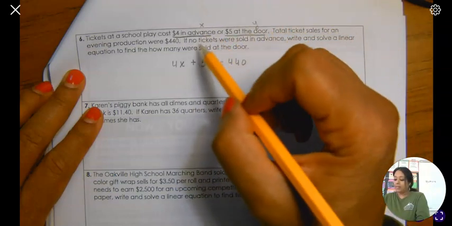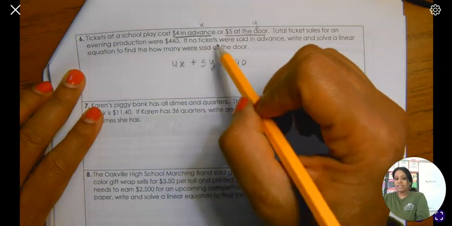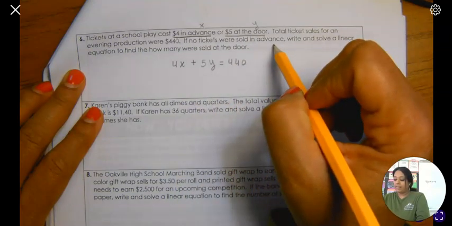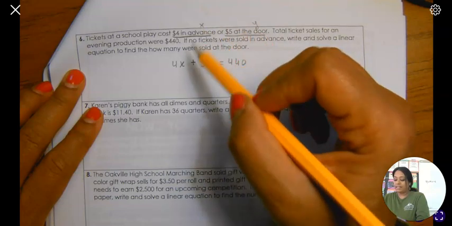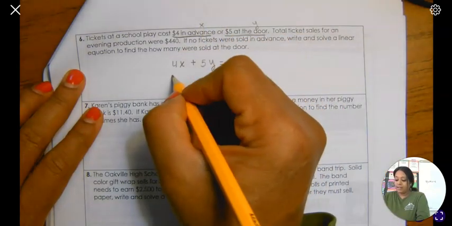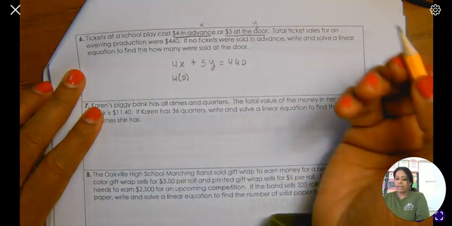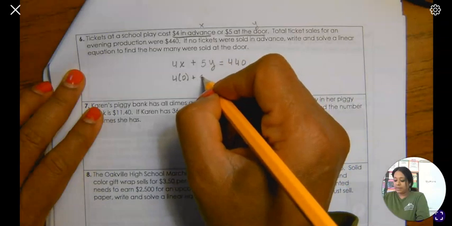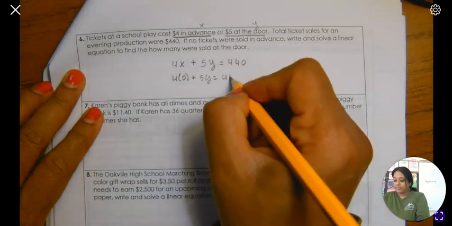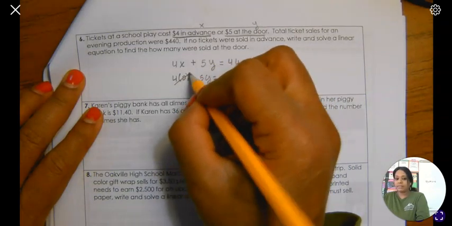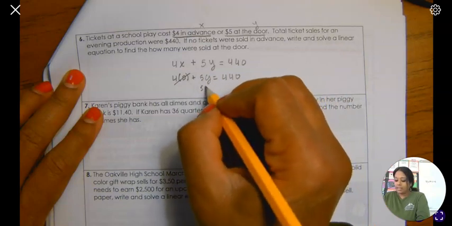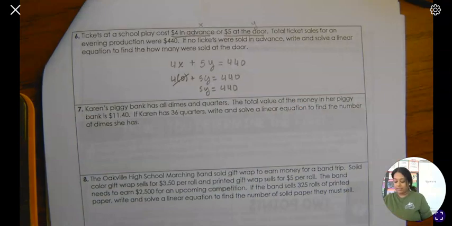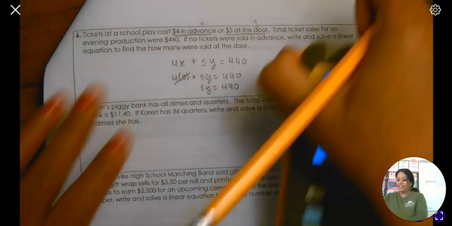This part says if no tickets were sold in advance. So remember that the advance tickets are represented by X. So I have 0 tickets for X. How much were sold at the door? So I'm going to go ahead and put that in and solve. So 0 times 4, that's just gone away. So that's 5y equals 440. So 440 divided by 5.